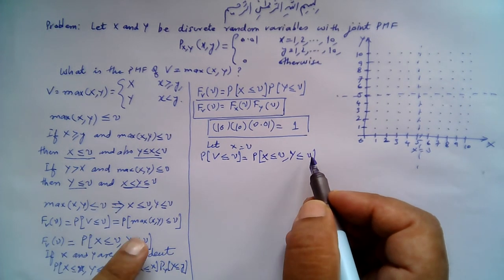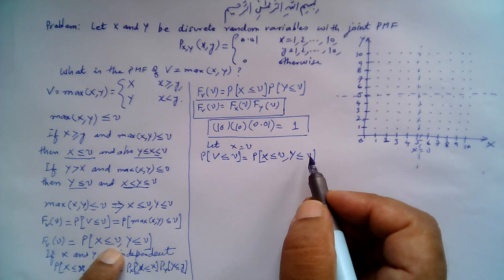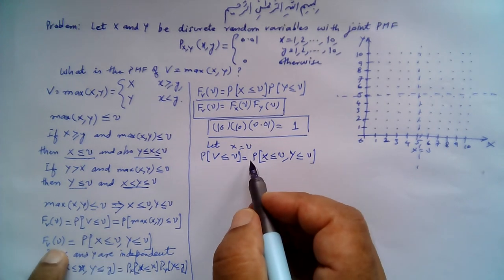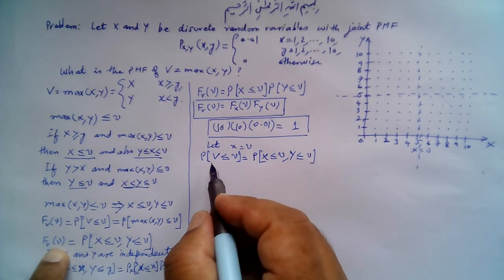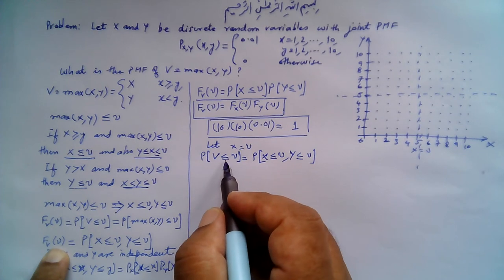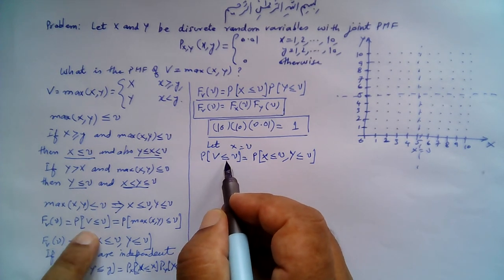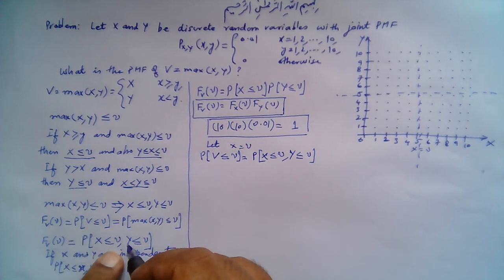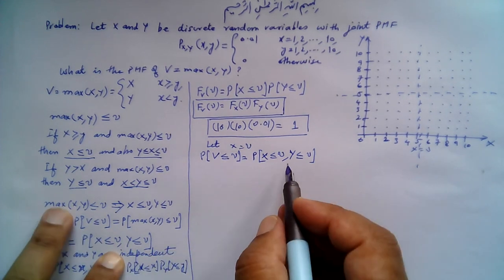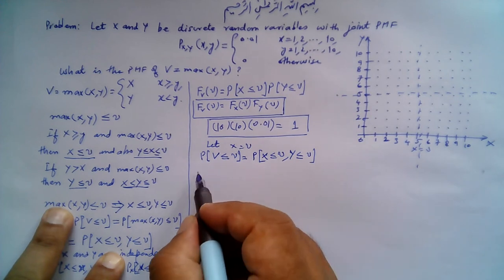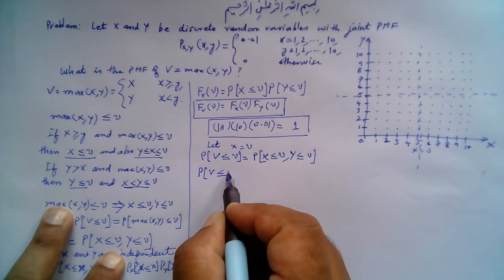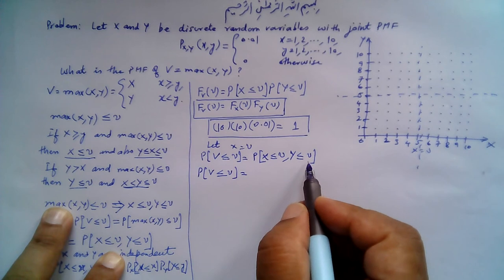We have derived this here, right? So this F_V of v is basically the probability that random variable V remains below this arbitrary value v. This relationship we have already derived here, right?